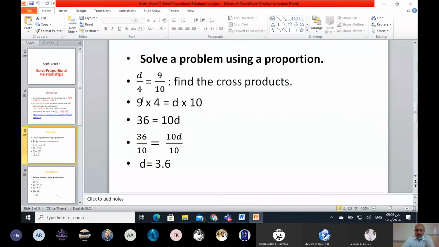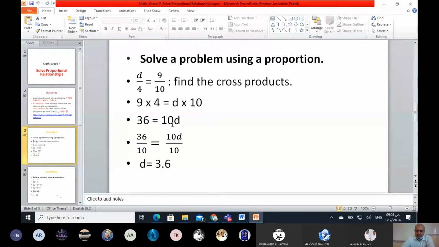How to solve this equation? We have here 9 times 4 equals 36. And on the next side we have D multiplied by 10, I can write 10D. Now how to solve this equation? Take the number that multiplies the variable, the coefficient, and divide the two sides by the coefficient.